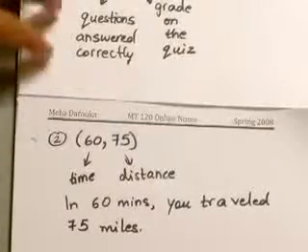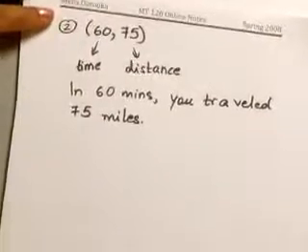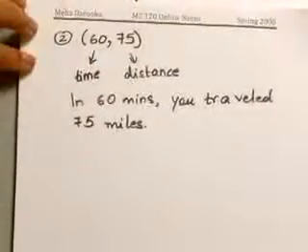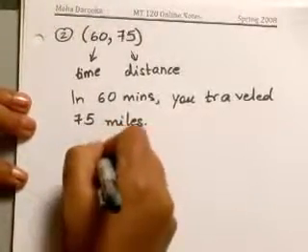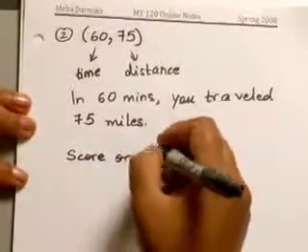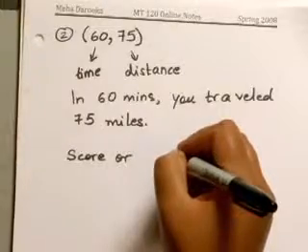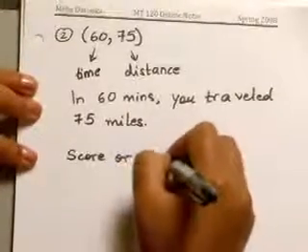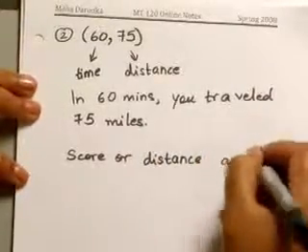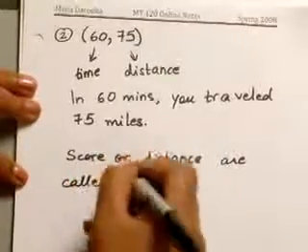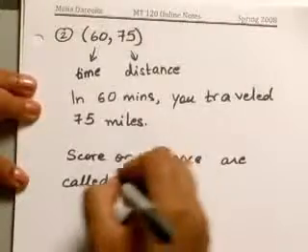So we can, from this, conclude that the score on your quiz will depend on how many questions you answer correctly, and we can say that the score, or for that matter, the distance traveled. So your score or distance, we can call them a dependent variable because they depend on time or the questions answered correctly.